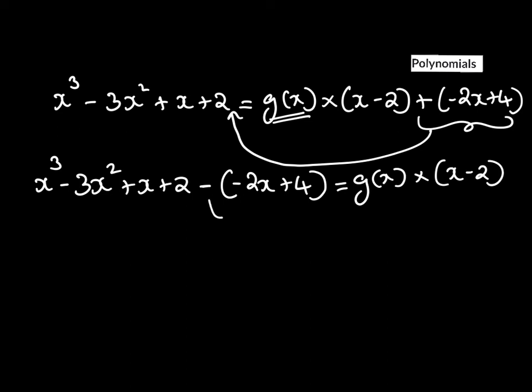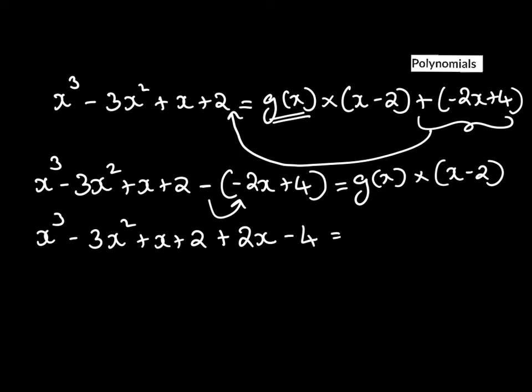We can open the bracket over here. So x^3 - 3x^2 + x + 2, minus -2x becomes plus 2x. Minus times plus 4 is negative 4, equal to g(x) times (x - 2). This remains as it is. We simplify. x^3 remains as it is.